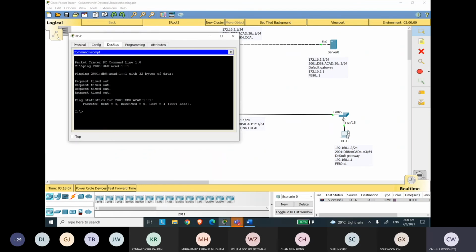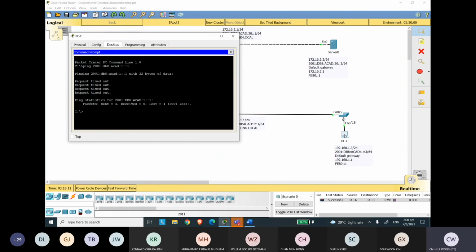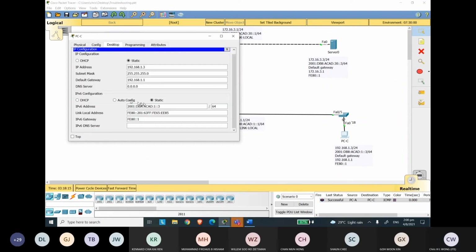Okay, I need to check this one first. Maybe this one I keyed wrongly. I'm going to check on this PC. 192.168. Okay, can you check? 2001:DB8:ACAD:1::3.